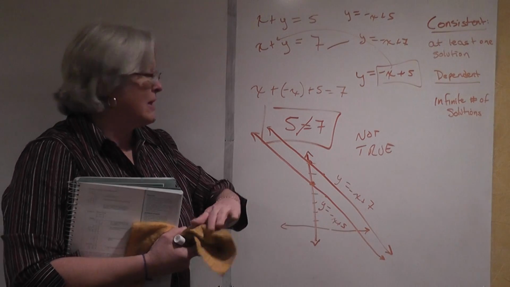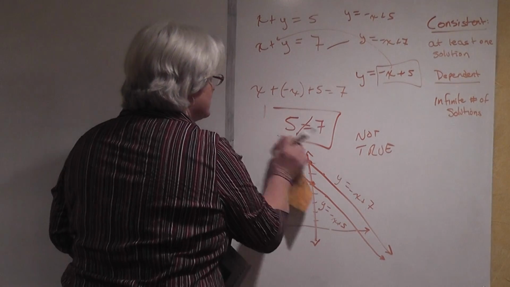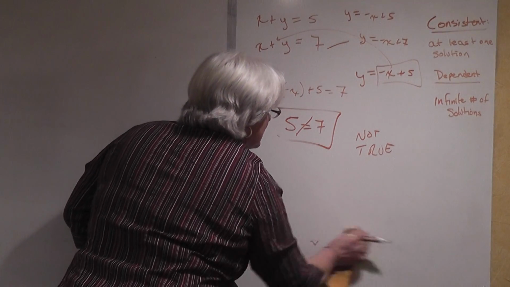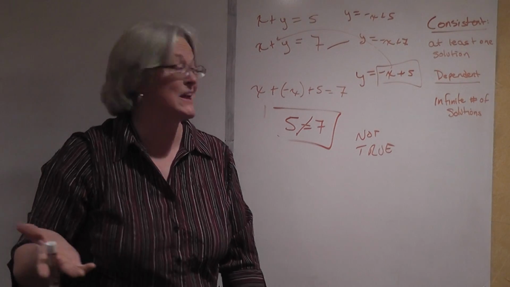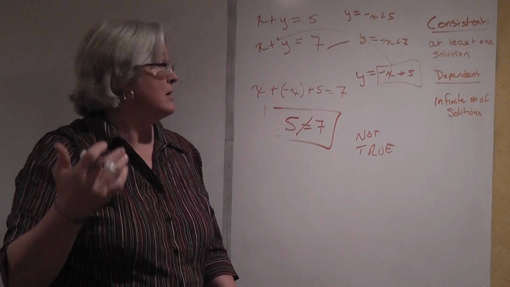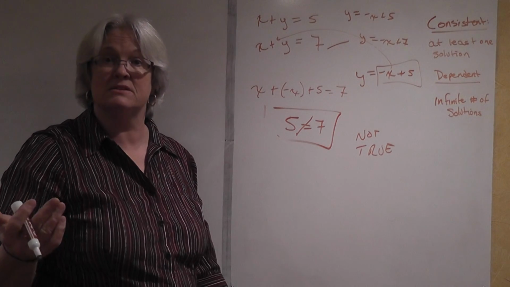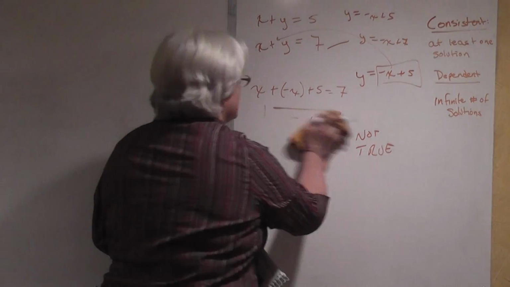So, algebraically, when you are solving a system of equations, if you come up with a statement that is false, 5 is clearly not equal to 7, this means that you have an inconsistent system of equations, which means that you have a set of parallel lines.